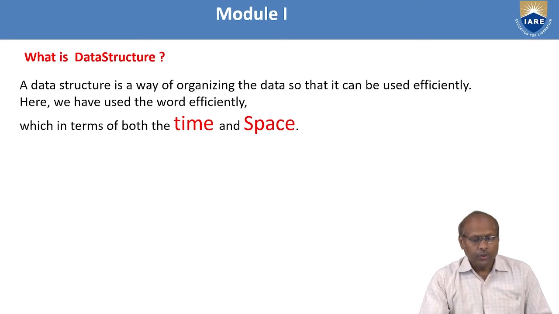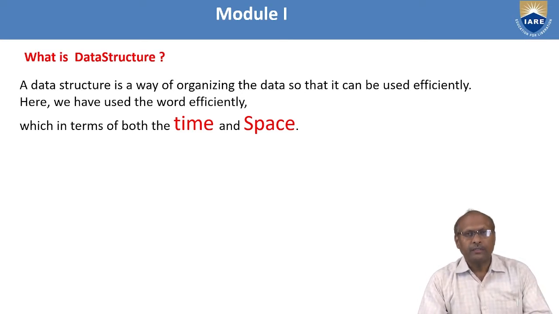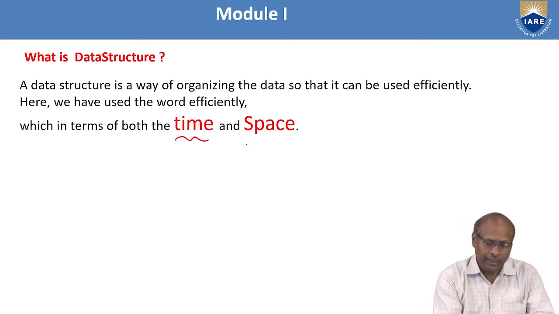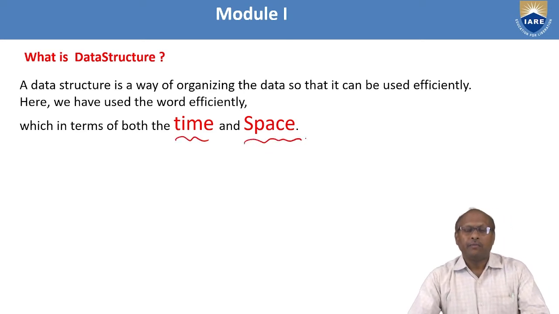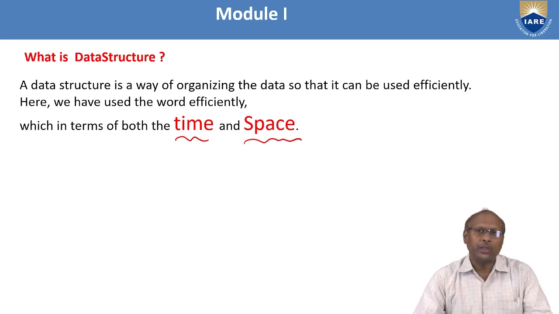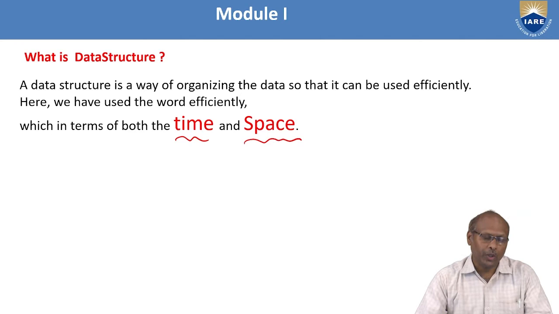Here we have used two words for efficiency: one is time and another is space. Whenever you are using the concept of data structure, you have to give more importance to time and space. A program should consume less time to execute, as well as less space to solve the problem.